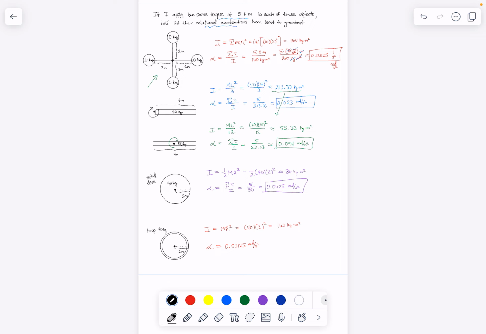So if we call this, how do we say this? We'll just call this alpha 1, alpha 2, alpha 3, 4, 5. Or maybe we give them actual names.